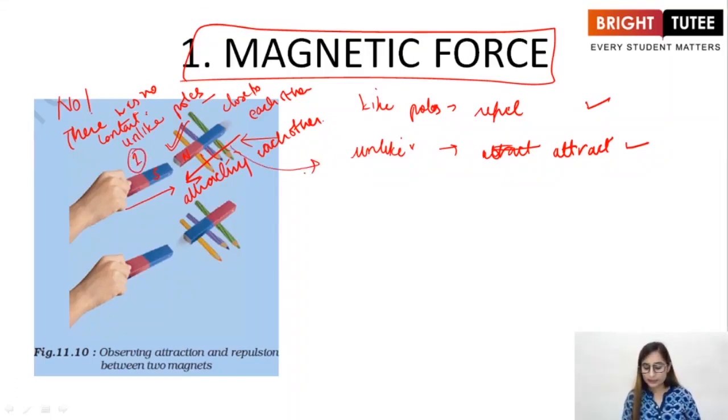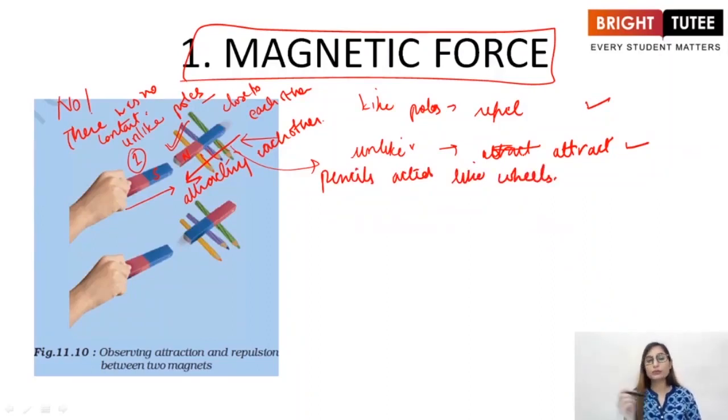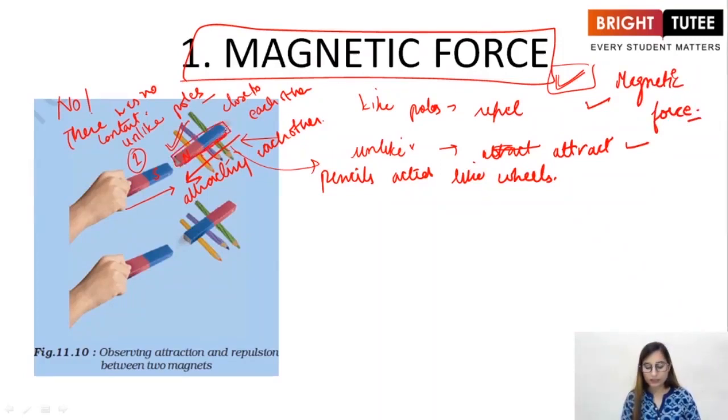And these pencils acted like wheels. They started rotating as soon as the magnet came into motion. So due to this attractive force, the magnet came into motion, and this is magnetic force, right? And we just saw the case of two magnets. We can also put any iron article here as well. If you put an iron rod here instead of the magnet, that rod will also get attracted and come into motion, right?